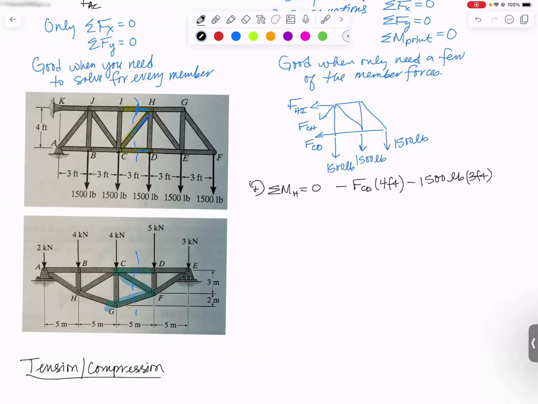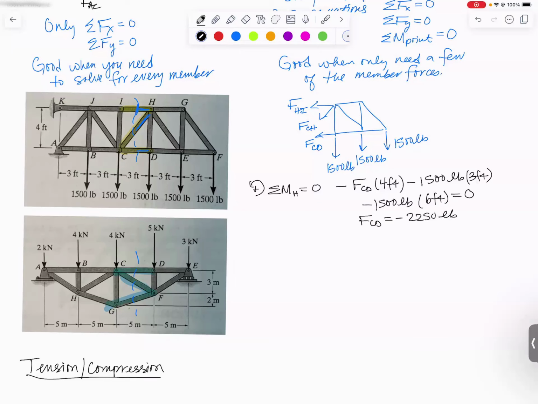And finally, the other 1,500 pounds will also cause a clockwise moment about point H, and it's 6 feet away. And that all equals 0. And it comes out to be FCD equals minus 2,250 pounds.